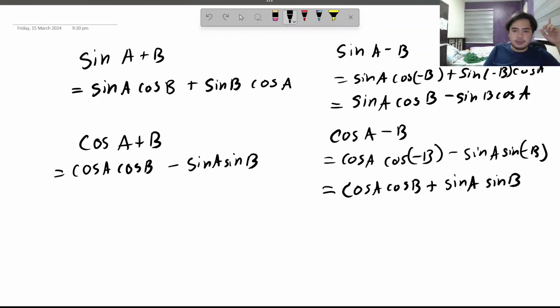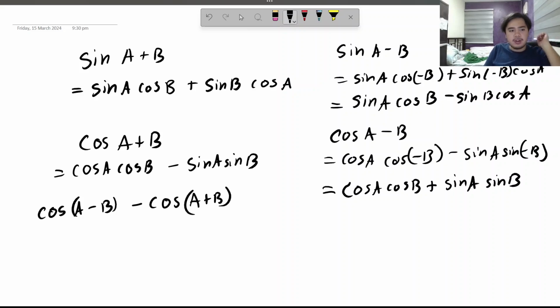Well, what if we did this? Cosine a minus b, parentheses so we don't get confused, minus cosine of a plus b. How about that? Well, we know cosine a minus b is cosine a cosine b plus sine a sine b.